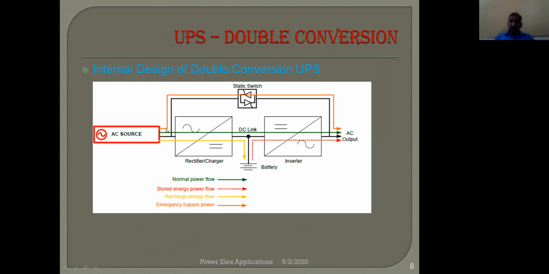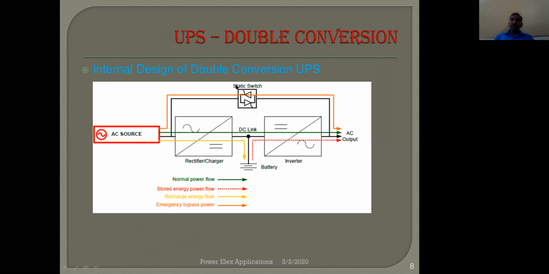So in order to establish the link, a static bypass switch using anti-parallel SCRs or triac is generally deployed in this double conversion UPS, so that whenever either of these blocks fails and this link cannot be established, at least power shall be fed to the load. This is called the static bypass arrangement.